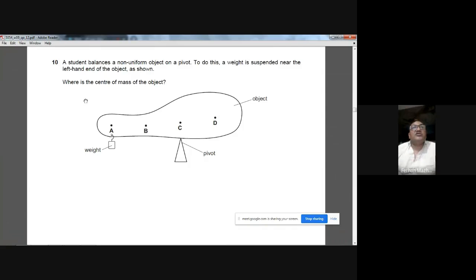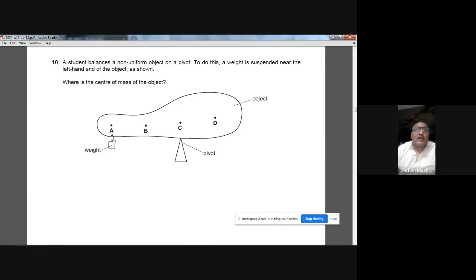It says a student balances a non-uniform object on a pivot. To do this, a weight is suspended near the left-hand end of the object as shown. Where is the center of the object? You see, the center of mass of the object will be somewhere here, but he has balanced that object on this pivot, and he has done an extra thing.